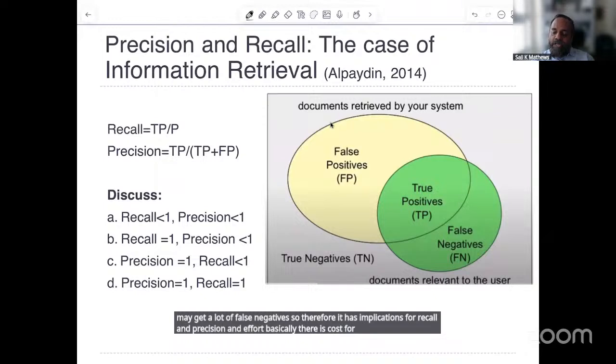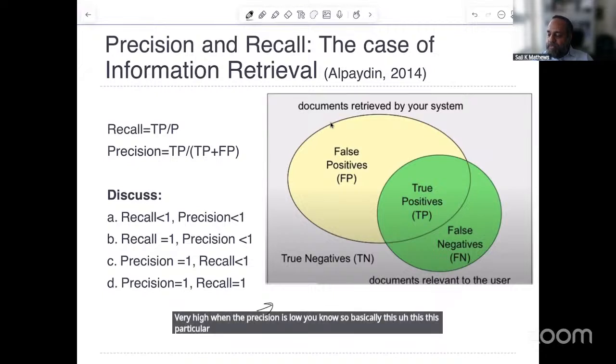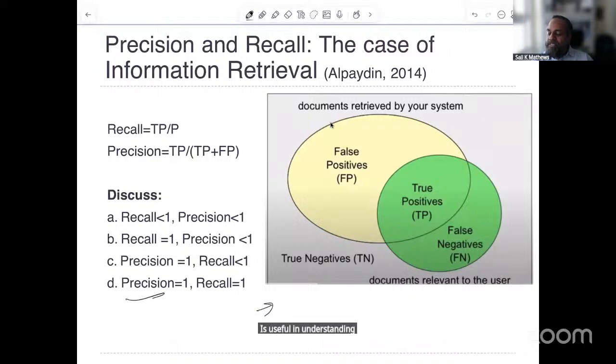So the effort required to filter out the true positives from a vast ocean of false positives becomes very high when the precision is low. So this particular example is useful in understanding the importance of precision as a measure.